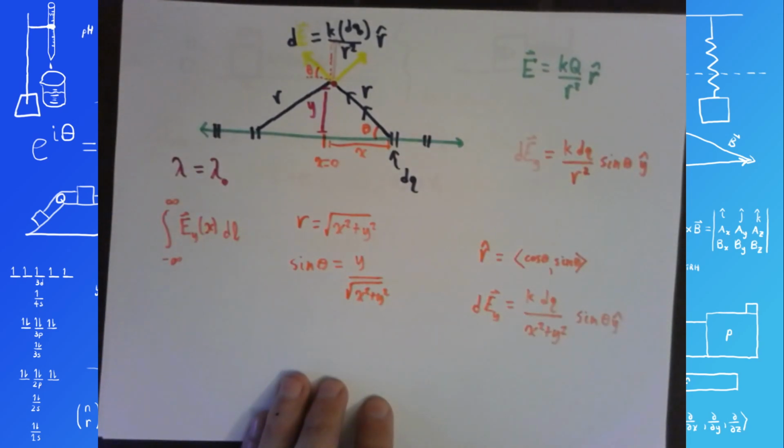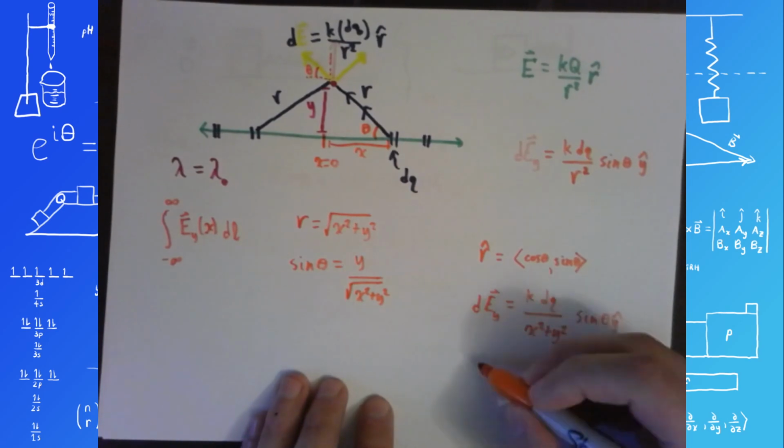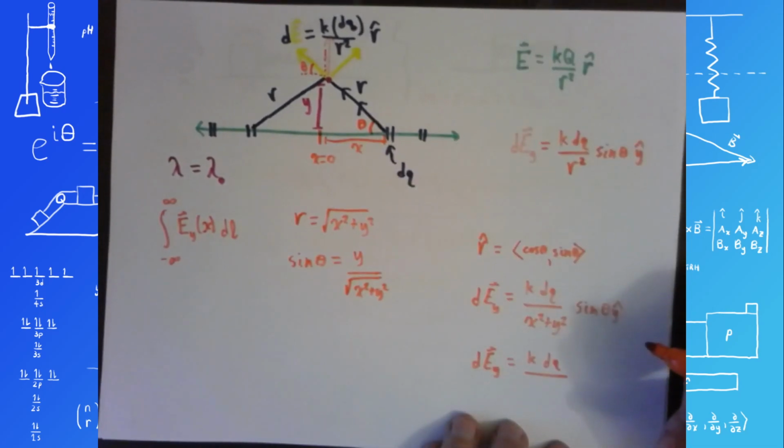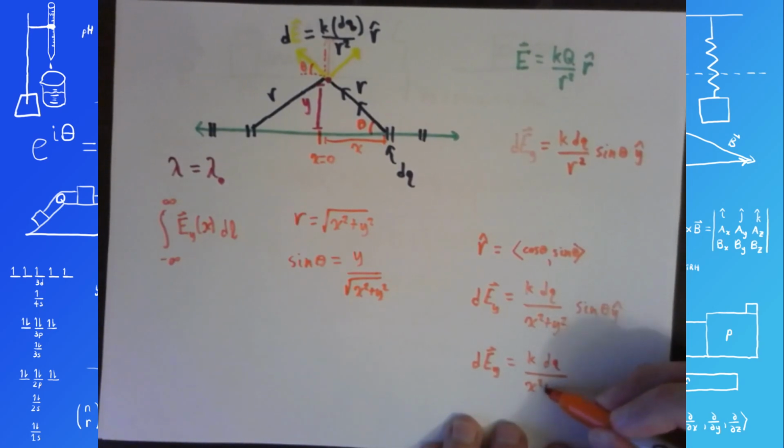Okay, so there's another substitution we can make. So now dEy is updated to k dq over, let's see, x squared. So, well, actually, no, I'll just write the whole thing in two fractions for now, and I'll put it together on the last line. Over square root of x squared plus y squared.